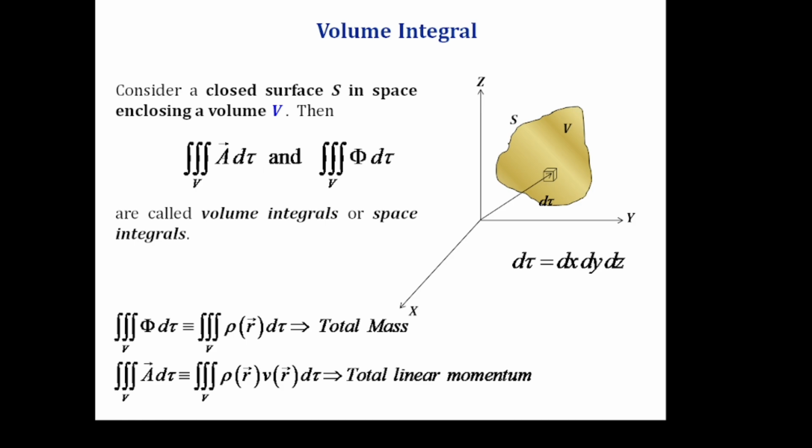What is an example? The total mass: rho is the mass density, and if we integrate rho d tau, then we get the total mass of any system. And the volume integration of the mass density multiplied by the velocity over the total volume gives the total linear momentum.